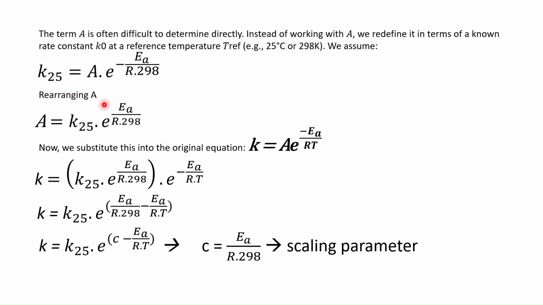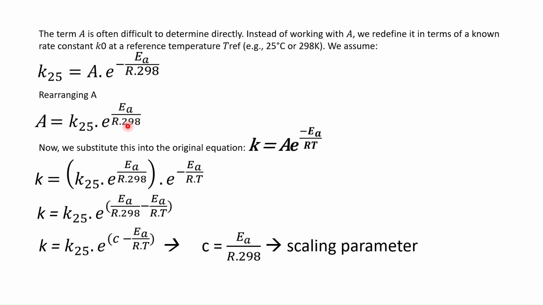Now when we rearrange this equation to find a representation for A, A is equal to k25 divided by the exponential term, and when it moves to the numerator, the minus sign goes. So this is the final equation for A: the rate constant at 25 degrees Celsius times the exponential term with the temperature in Kelvin as 298.